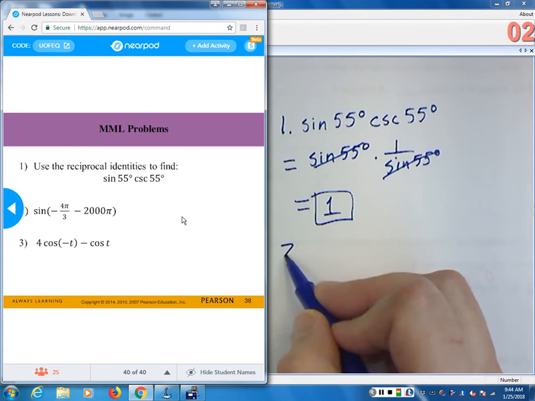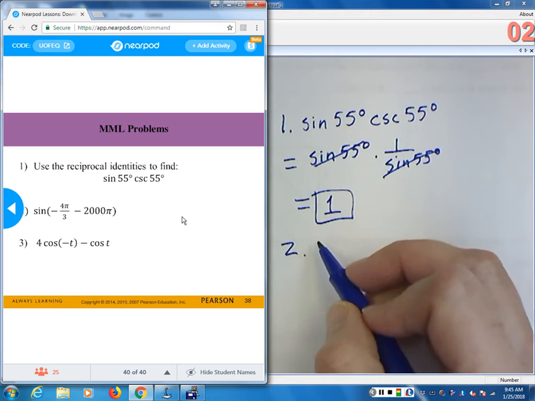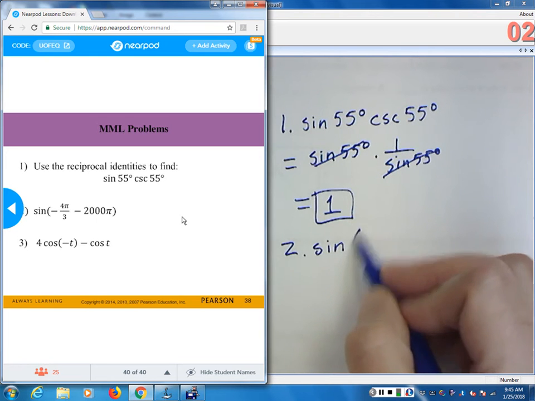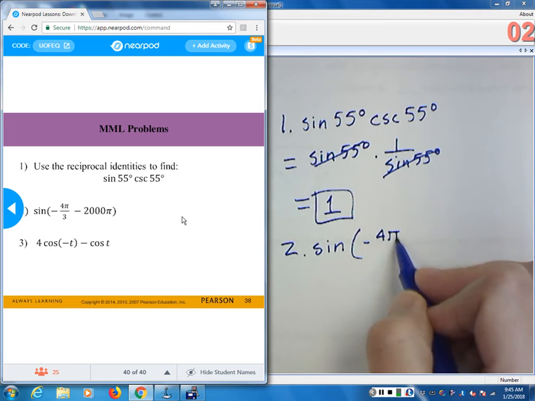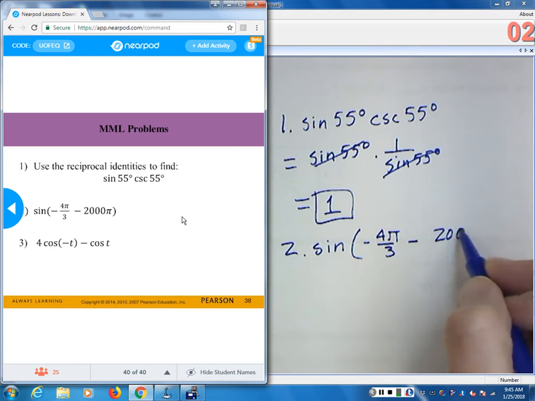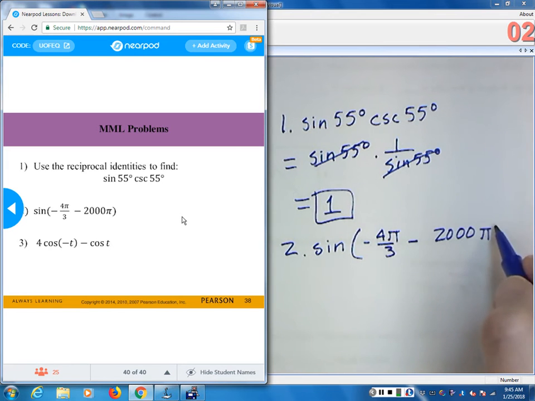Number 2, we've got sine of minus 4 pi over 3 minus 2,000 pi. Well, is 2,000 pi a multiple of 2 pi?